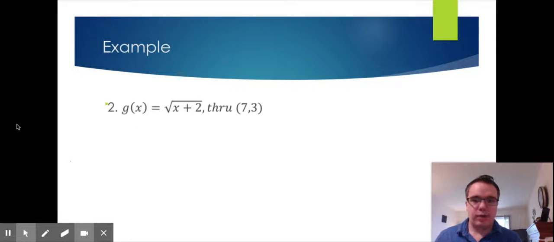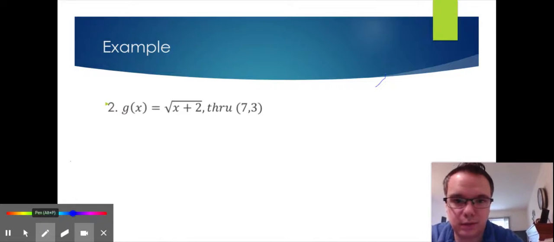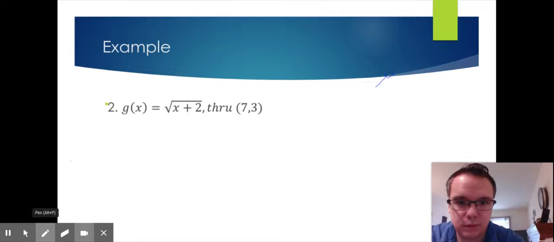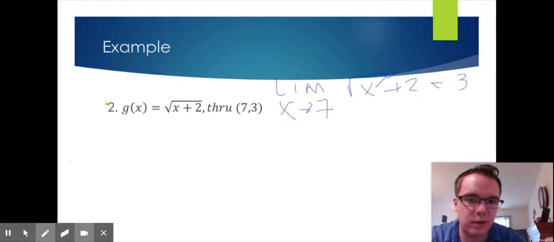So we're going to use the same process. We're going to take the limit as x goes to our c, in this case 7, of our f of x, which is the square root of x plus 2, minus our f of c, which is 3, and put it over x minus 7.